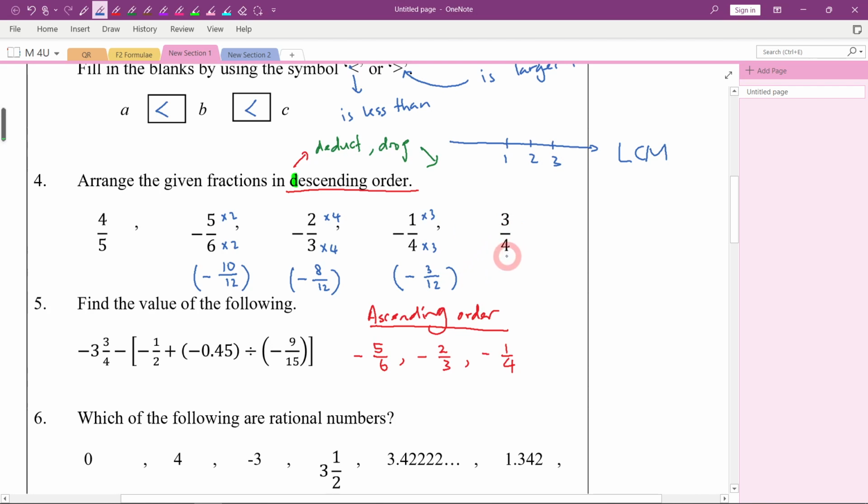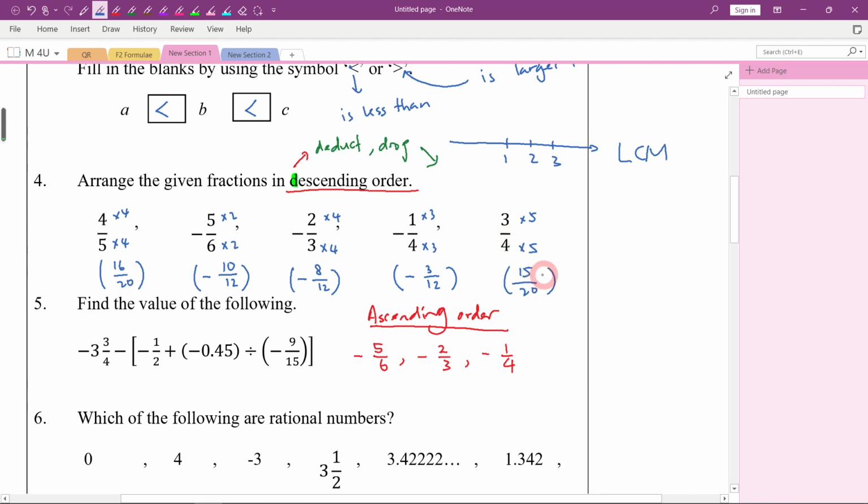So 4 and 5, you know that it can be changed to 20, right? So how to change the 4 to 20? Times 5. You multiply by 5, here you have to do the same thing. So 15 over 20. How to change the 5 to 20? Times 4. So the denominator, you times 4, you need to do the same thing for the numerator.